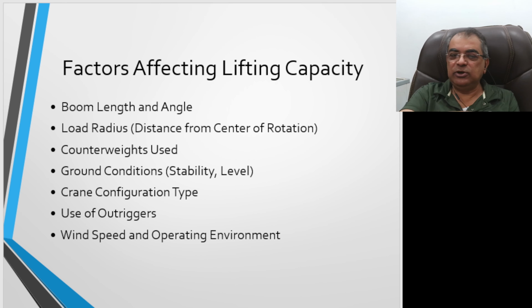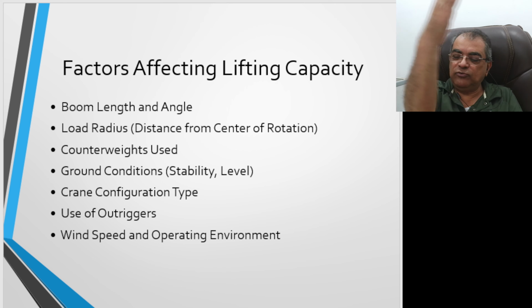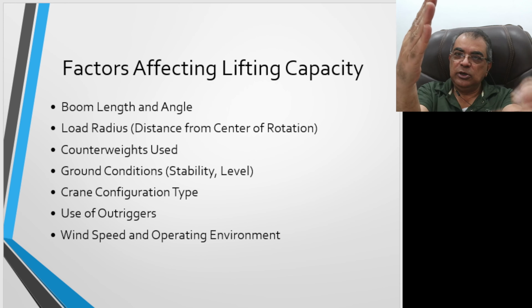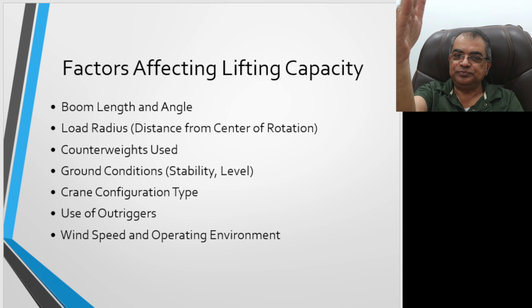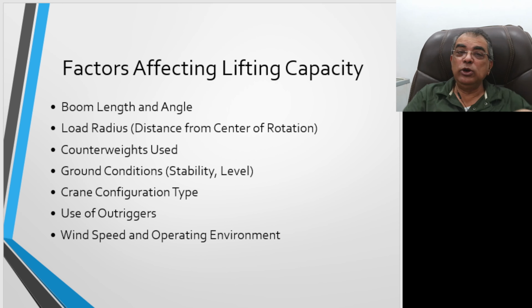load radius. I have explained what load radius is: the distance from the center of rotation. For example, the crane is rotating from here, so this is the radius. Counterweight, what counterweight is used? Ground condition, stability and level, where the outriggers are.